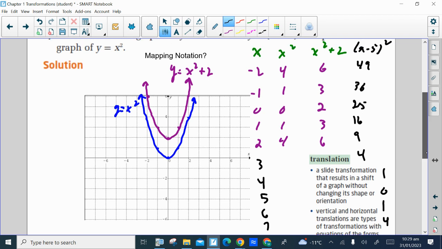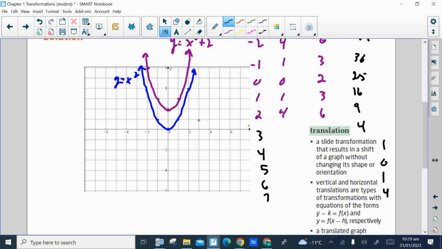So these points I'll put on this graph. The point 3, 4, the point 4, 1, 5, 0, 6, 1, and 7, 4. So this is the graph of x minus 5 all squared.